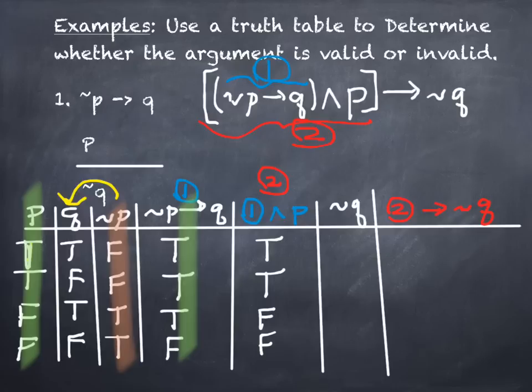Tilde Q, again, I should not have to do much thinking on this, right? All I do is negate column Q, which means what will tilde Q look like? False, true, false, true.